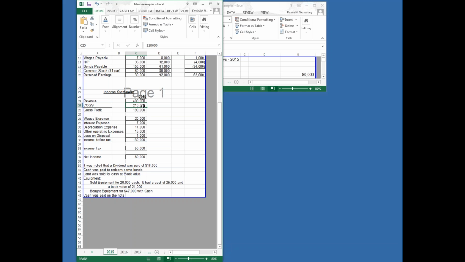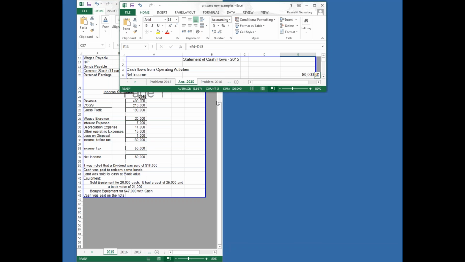This is all of the inventory that I sold. I have all of my other types of expenses. Did I pay money for all of these? Probably not, especially this one. Did I pay cash for all $20,000 of wages? Probably not, but we're going to figure that out and do any adjustments that we need when we look at the balance sheet. I have a loss, that was definitely not money spent, but this is a good place to start.